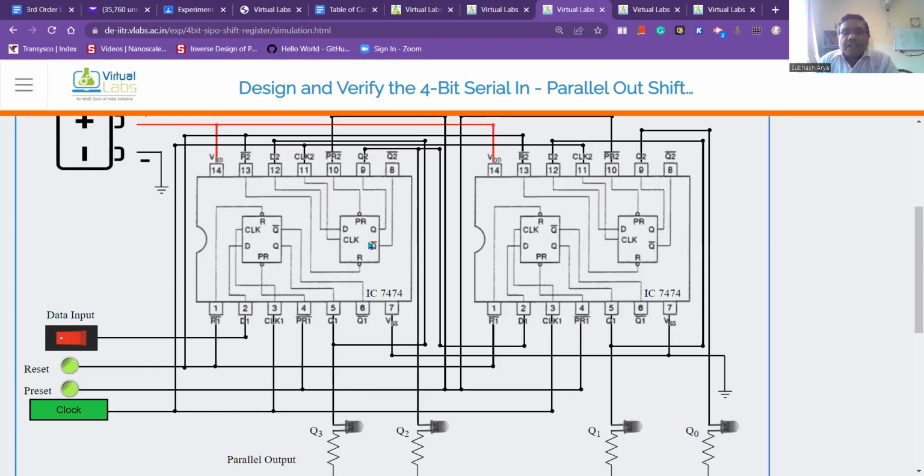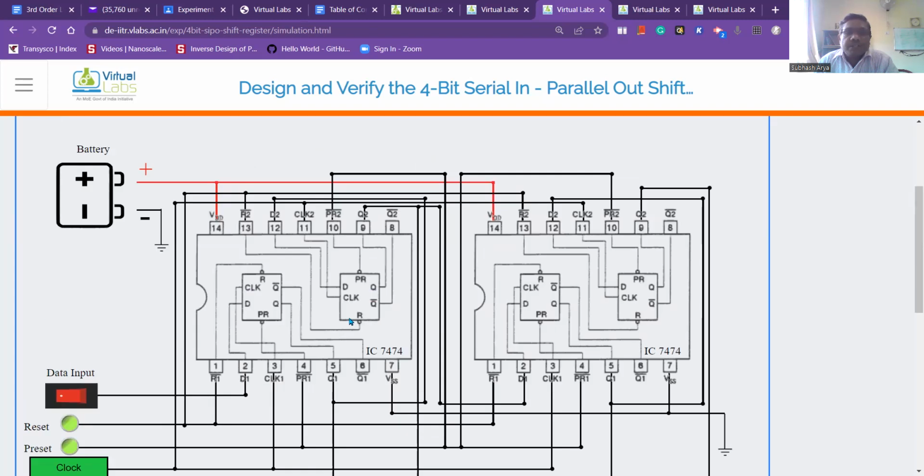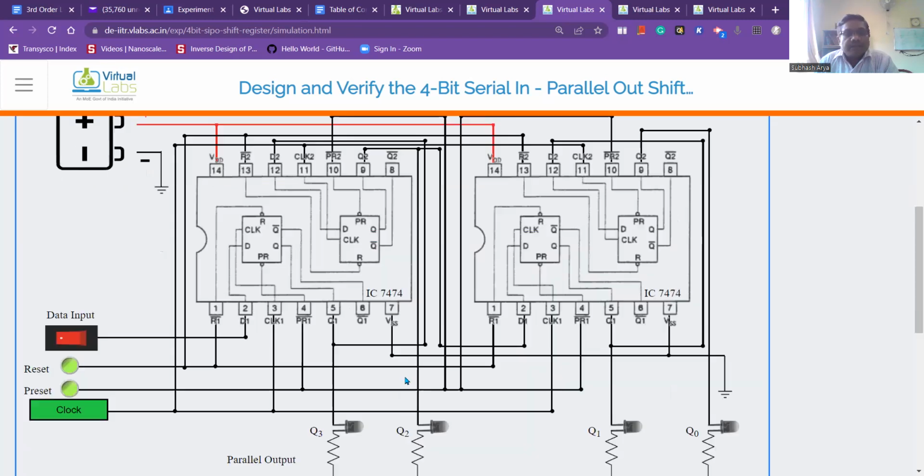In each IC there are two D flip-flops. So in order to make 4-bit, we need 2 such ICs, so that 4 D flip-flops are available. VCC is connected to pin number 14, and ground is connected to pin number 7.